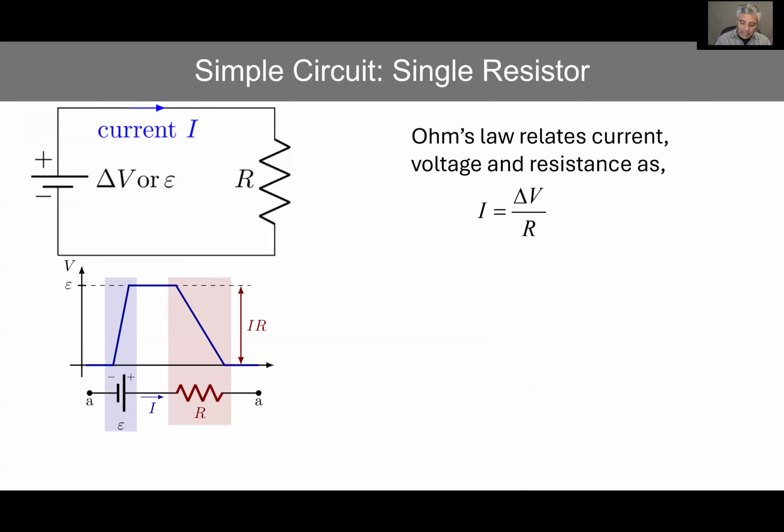A simple circuit has a resistor with a resistance R, and there is a battery connected, and this is the symbol of a battery. It supplies a potential difference of delta V, or we also call it EMF for a source.